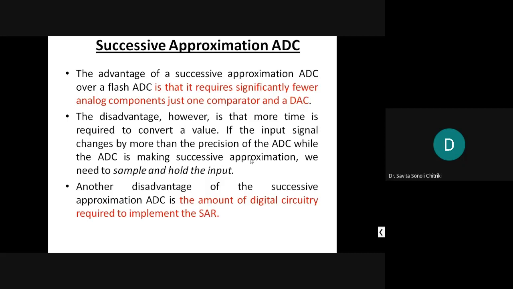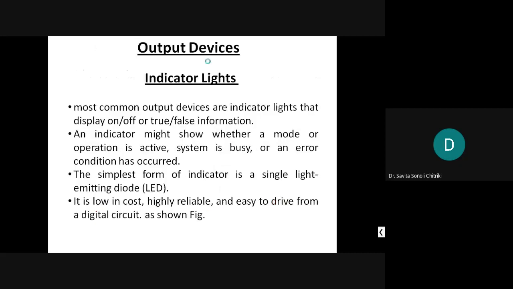LED ಮತ್ತೆ ಯಾವುದು? LED and what else? LCD display. LED, LCD ಡಿಸ್ಪ್ಲೇ ಮತ್ತೆ 7 ಸೆಗ್ಮೆಂಟ್ ಡಿಸ್ಪ್ಲೇಸ್ ಎಷ್ಟು ಓದಿದ್ವಲ್ಲ, ಹೌದಾ? Yes, ma'am. So all these are some of the examples of output devices.